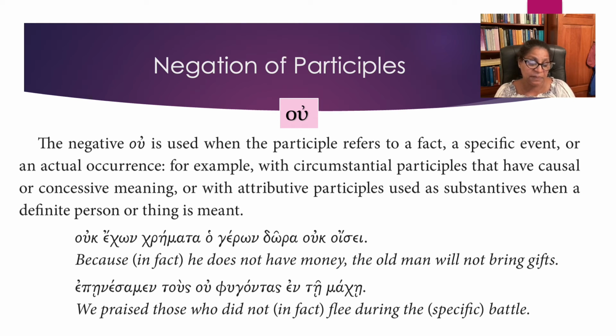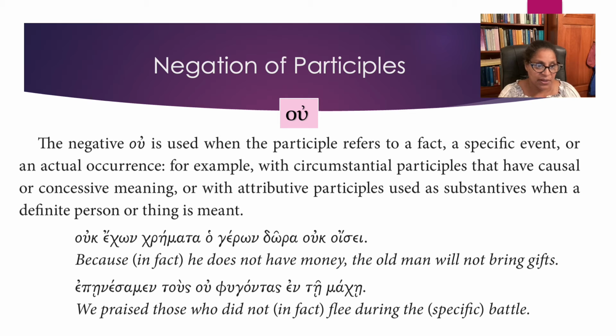So here's an example. Echon chremata ho geron dora ouk oisei. Because he doesn't have money, that is, he actually doesn't have any money, right? So that's why it's ou echon. Because he doesn't have any money, the old man will not bring gifts. Now, the next one. Epainesamen tous ou phugontas en te mache.